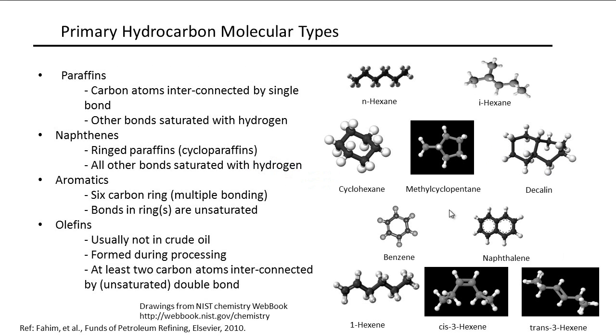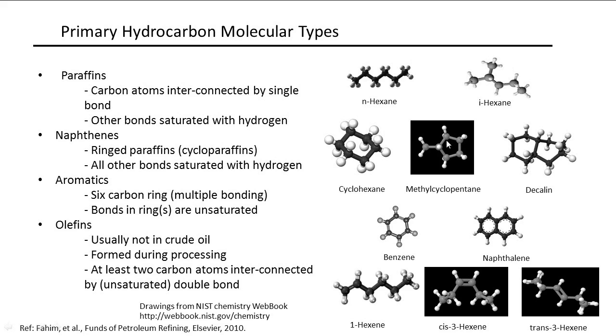This slide shows the detail of saturated hydrocarbons, unsaturated hydrocarbons, and aromatics. For the paraffins, it's just alkanes, which have carbon atoms interconnected by single bonds. So you can see that the examples can be n-paraffins and isoparaffins. When we look at the naphthenes, these can be called ringed paraffins or cycloalkanes or cycloparaffins.